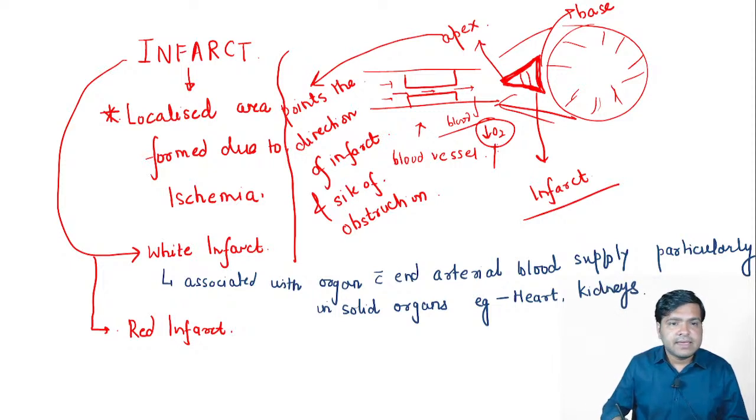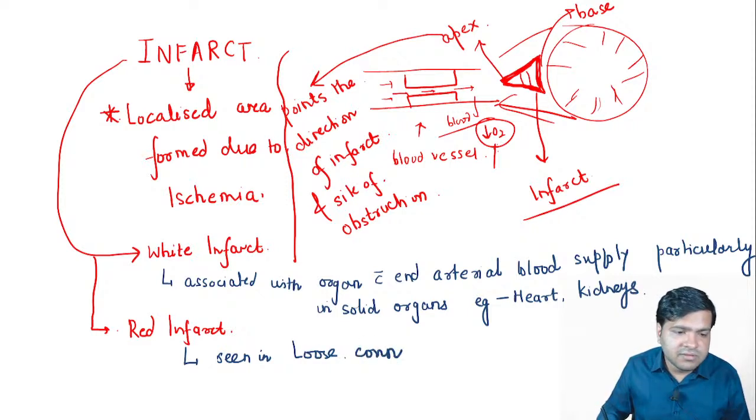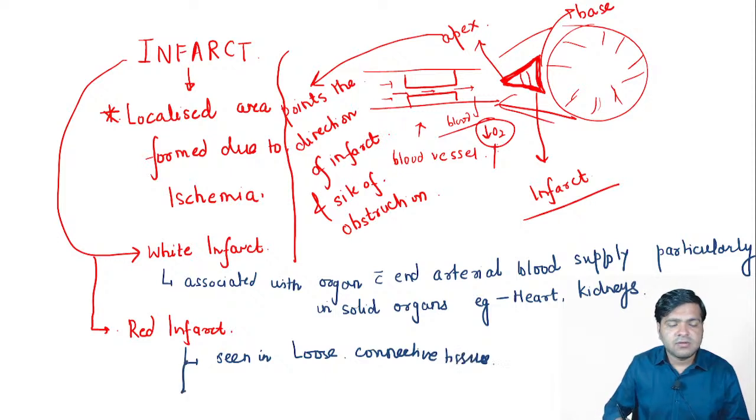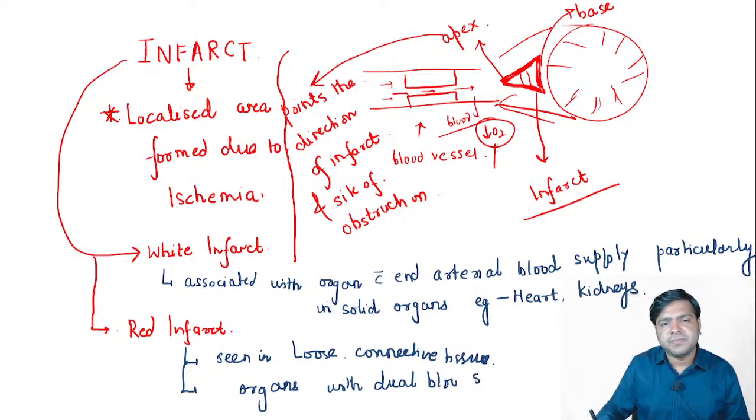And red infarct is basically seen in loose connective tissues, and it is also seen in organs with dual blood supply, like lungs and liver.